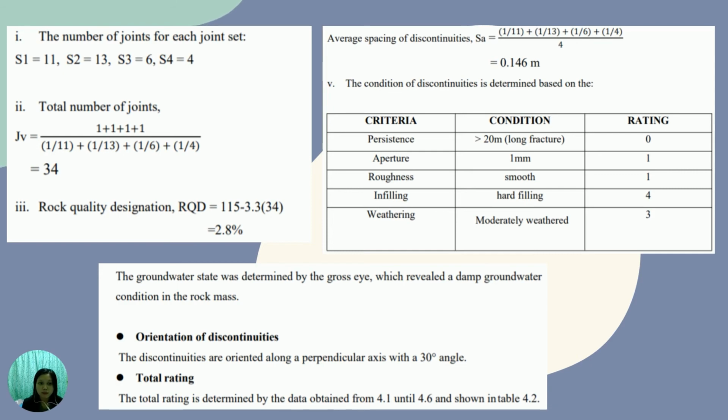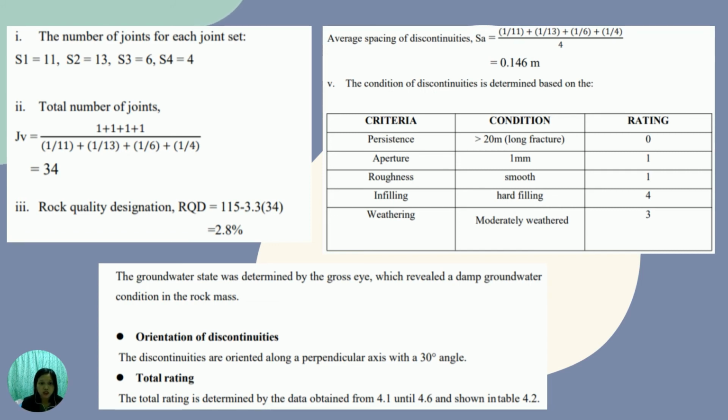And then aperture, the condition is 1 millimeter, and the rating is 1, and then the criteria is roughness. The condition is smooth, and the rating is 1, and then the criteria infilling, the condition is hard filling, and the rating is 4, and then weathering, moderately weathered, and the rating is 3.